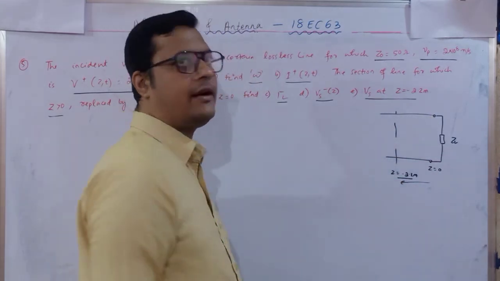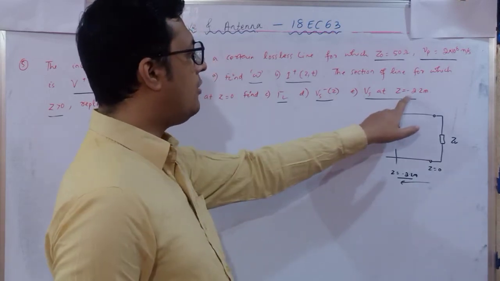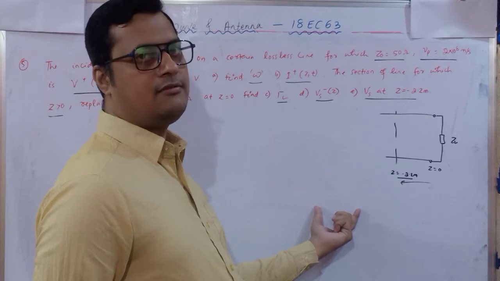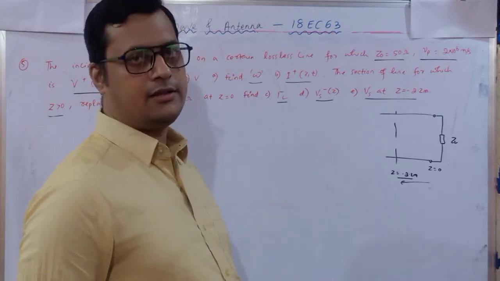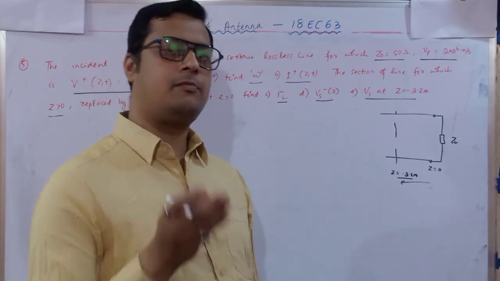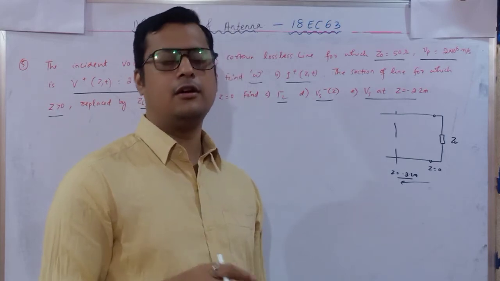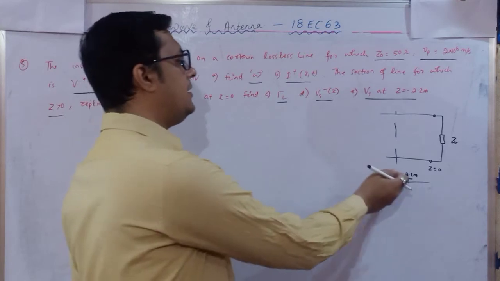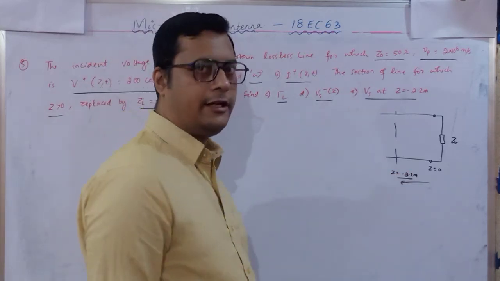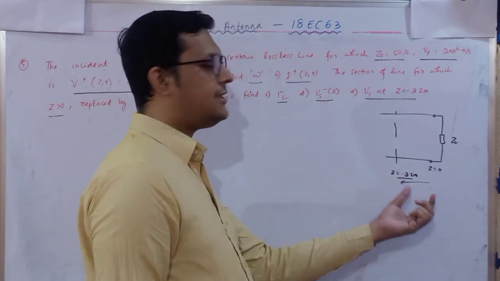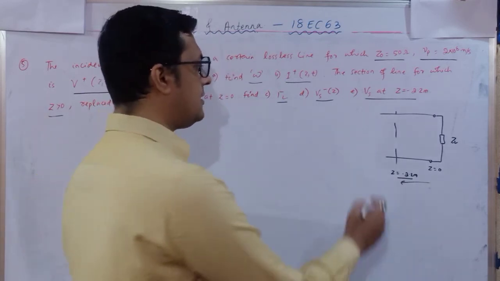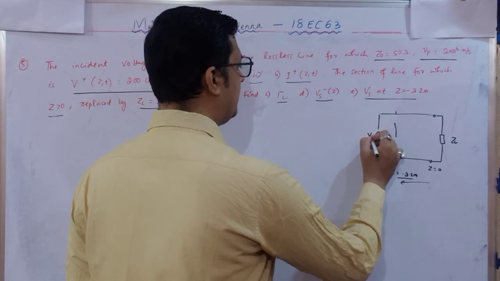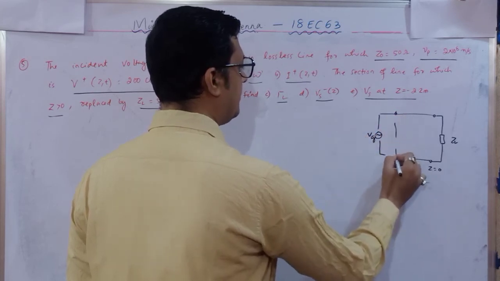So Vs we have to identify. At how much distance? 2.2. So it is z equals minus 2.2 because here we have considered the load is present at z equals 0. So the source will be at a negative distance, or the distance is 2.2. So here it is z equals minus 2.2. This is the source end, which you can consider as Vg.